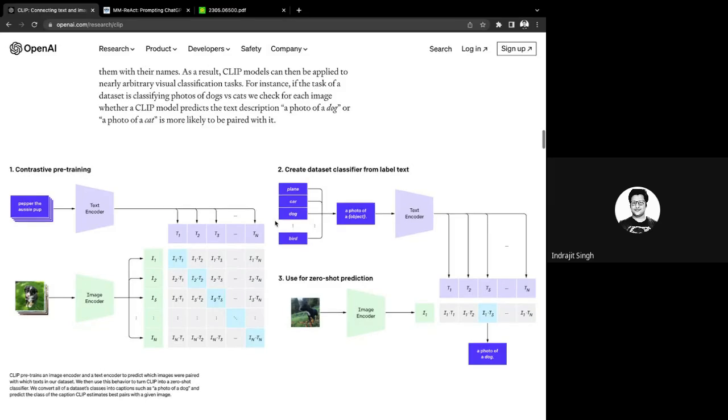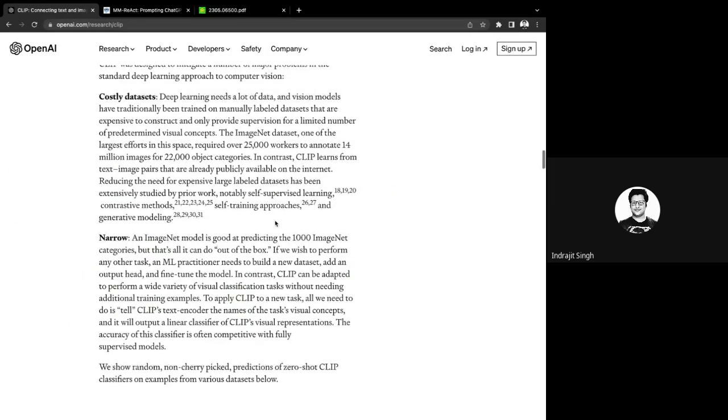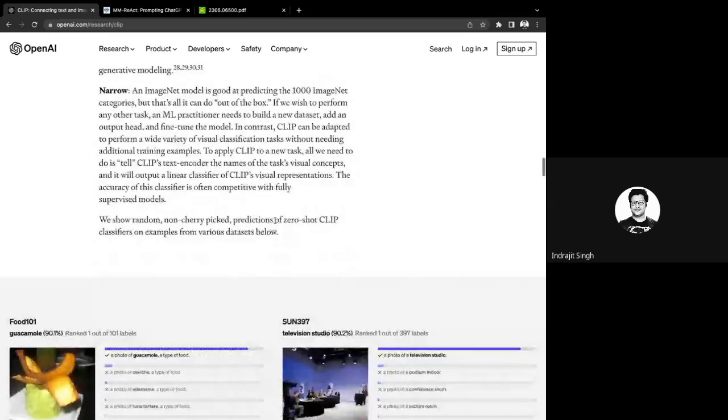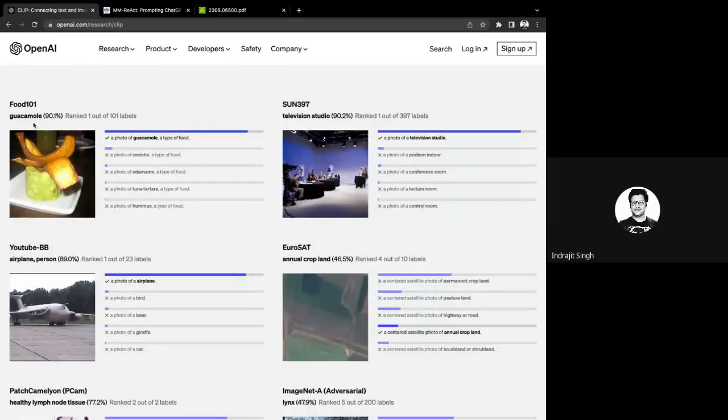So a visual classification task, right? And you basically narrow it down to that. You can see here that guacamole ranked 1 out of 101 labels. It has a photo of, you can see how this is labeled and predicted. And similarly, this is a photo of a television studio, right? 90%.